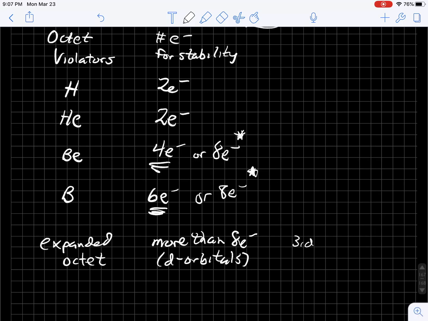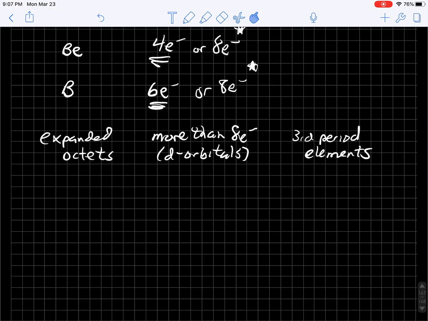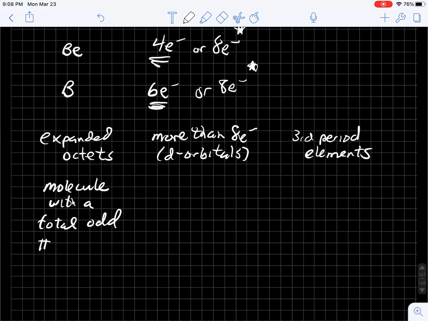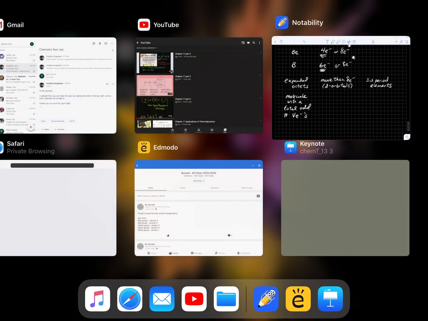So anything in the third period or below, third period elements can do expanded octets, and therefore they can accommodate more than 8, so they violate the octet rule. And the last one is any molecule with a total of an odd number of valence electrons. I'm going to write VE for valence electrons.